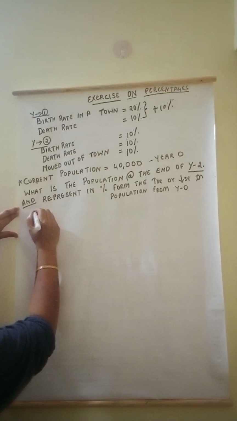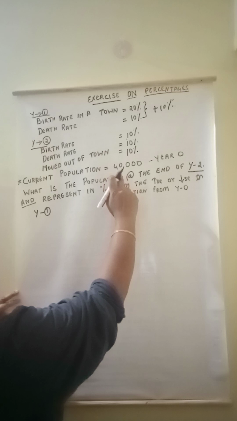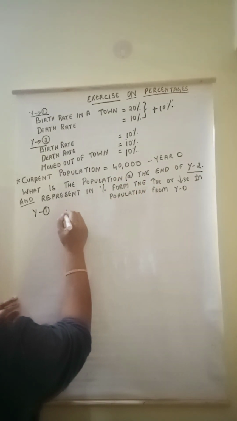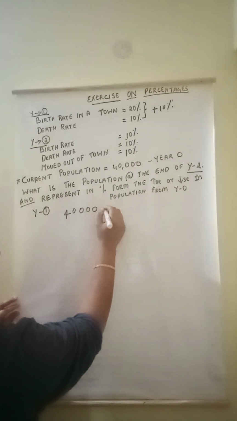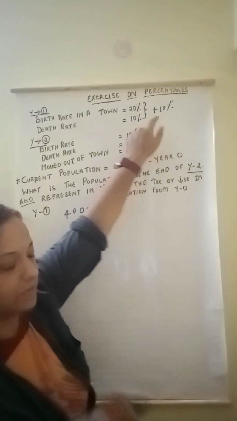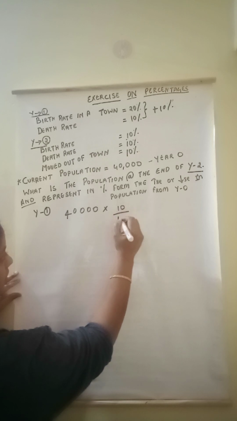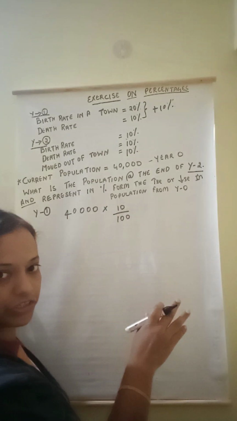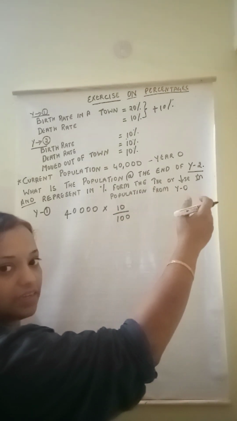So year 1. At year 0, the population is 40,000. Initial population is 40,000. We have to increase the population by 10%. First we find out how much is the 10%. So 40,000 is the current population and we have to see how much it is increasing. 10% it is increasing.